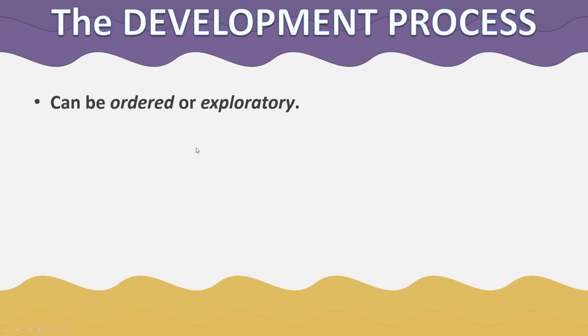You need to upgrade this software to be at this standard, and you need to incorporate the set improvements, right? Because your boss told you to. So maybe your process is very ordered. You know exactly what you've got to do. But sometimes you don't really know exactly what you're trying to do or what the result would be. In that case, it might be an exploratory kind of process.